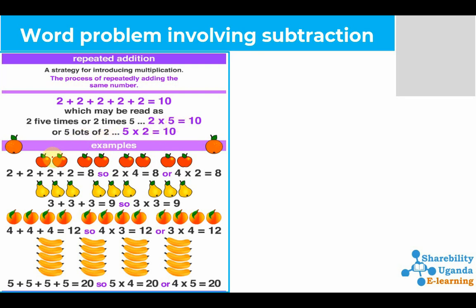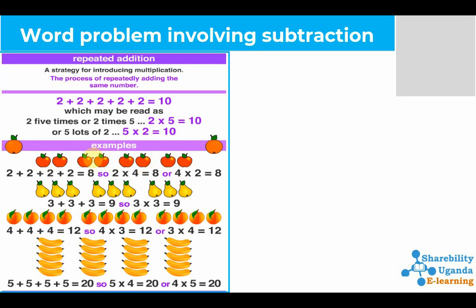Very easy, and you can be able to get the what? The answer. Well, I've been given tomatoes here, and they are arranged in this way, in 2s. Okay, so we have this set, there are 2, and this set there are 2, and this set there are 2, and this set there are 2. But how many times are they? We have 1, 2, 3, 4.